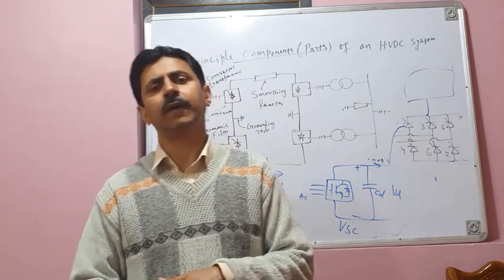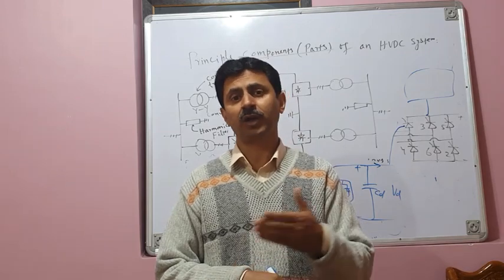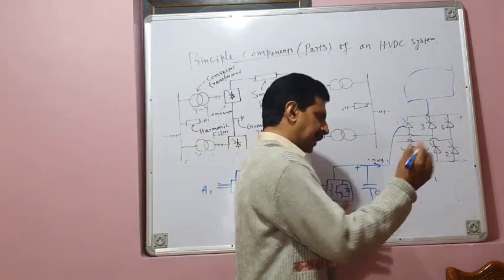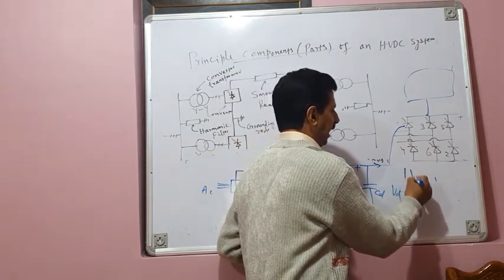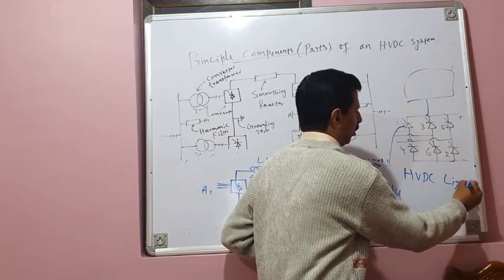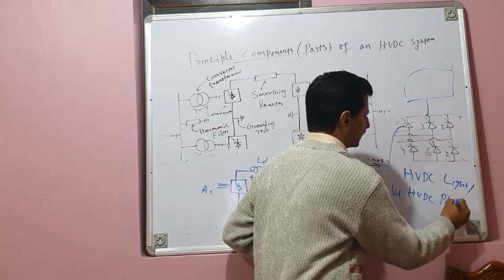And when we use voltage source converters instead of current source converters in modern HVDC power transmission systems, we call that modern HVDC power transmission system HVDC Light, or it is also called HVDC PLUS.